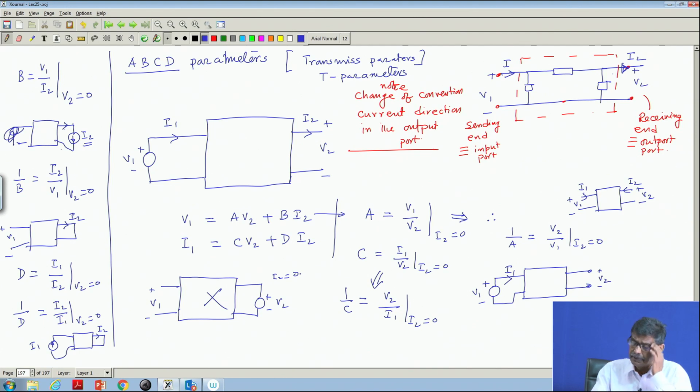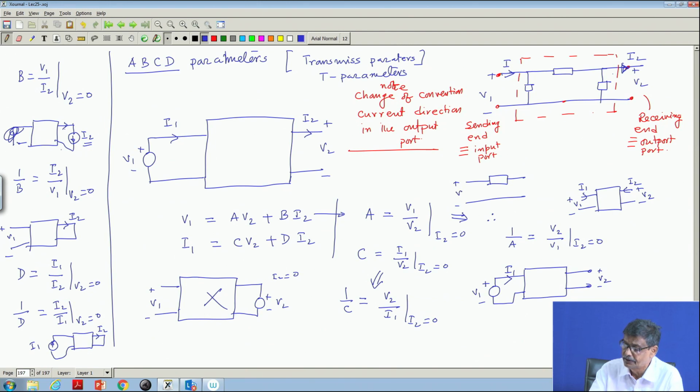So, it is also a mixed up situation, but the only thing is the input parameters, a very logical thing: the input voltage and input port current will be how much if I know V 2 and I 2. So, this is how the ABCD parameters will be found out, and I will request you to find out, as I have taken earlier, if the transmission line is this simple, and in the next class we will discuss.